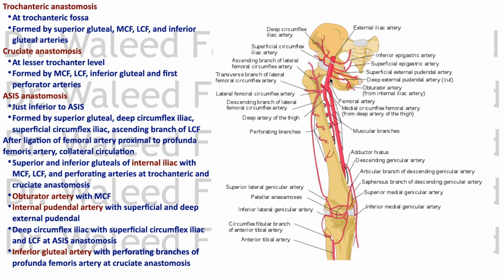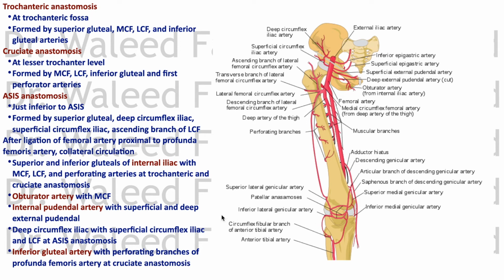If you occlude proximal to the profunda femoris artery, the thigh still fills through the anastomosis. And if you obstruct distal to the profunda femoris artery, the thigh is saved and will not suffer from diminished blood supply, but the distal part of the limb will still be the affected part.